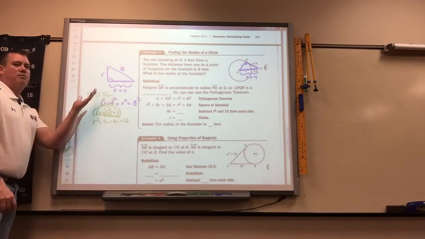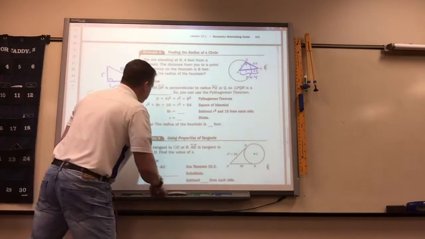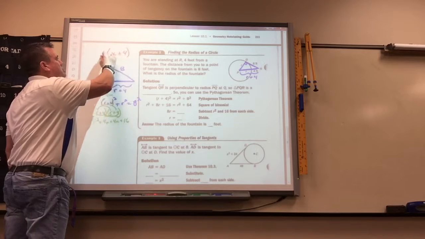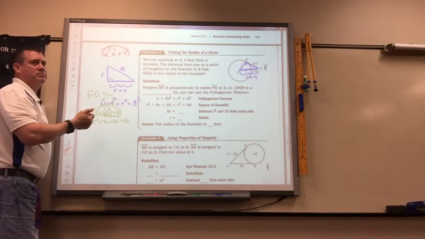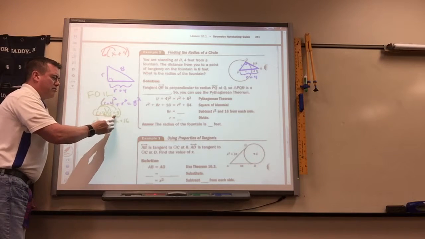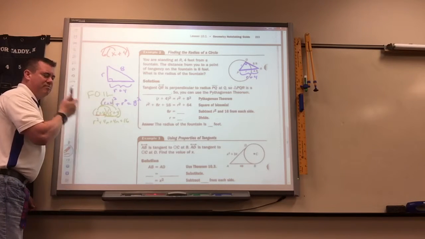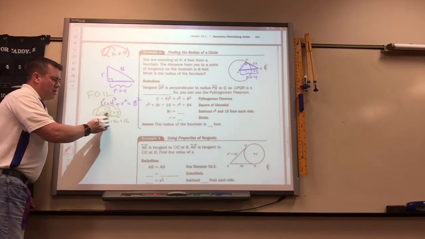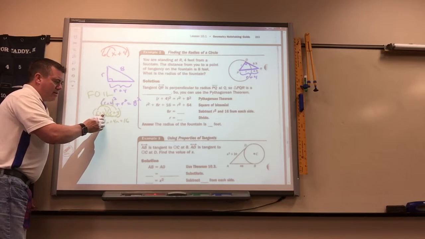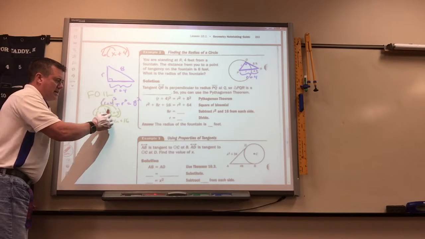It just spells out FOIL, but what you do is, remember, if you've got a number times a parentheses, you gotta distribute it through, right? Here there's 2 things. So all you gotta do is take this times both of them and this times both of them. Take the R times the R and the 4, which is first and first, outside and outside. And then take the 4 times both, which is inside and last.